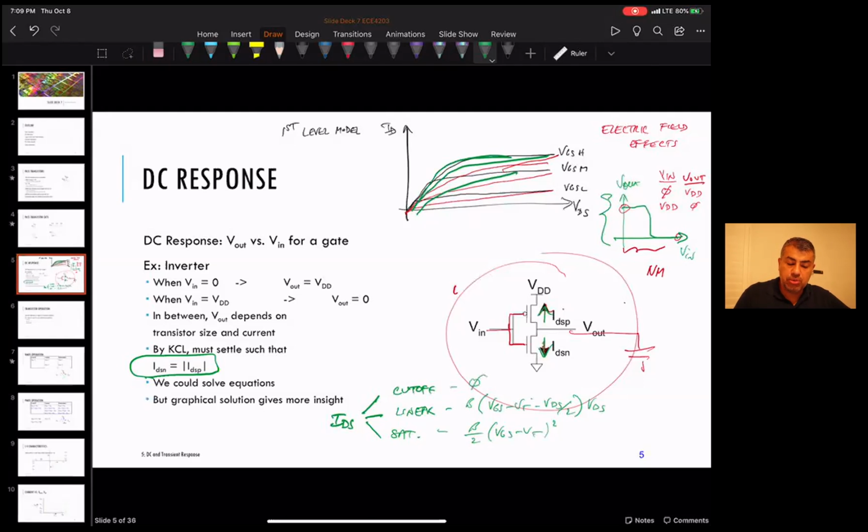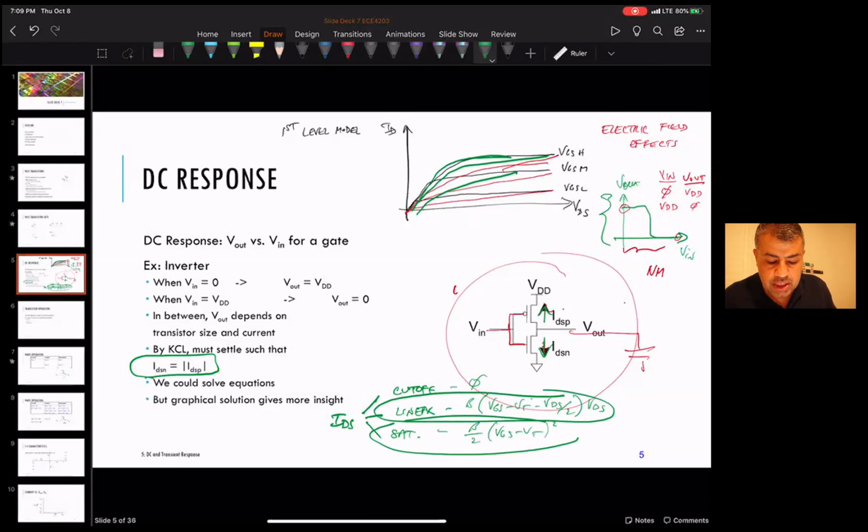Okay, so we could set those equal to each other, but it gets pretty tedious because you're setting these equations depending on where your input is and where your output is. You basically have to select whether the N or the P is in saturation, linear or cutoff, and then you have to make those currents equal to each other and solve for V in versus V out. So that gets kind of tedious, and it doesn't give you as much insight as using a graphical approach.